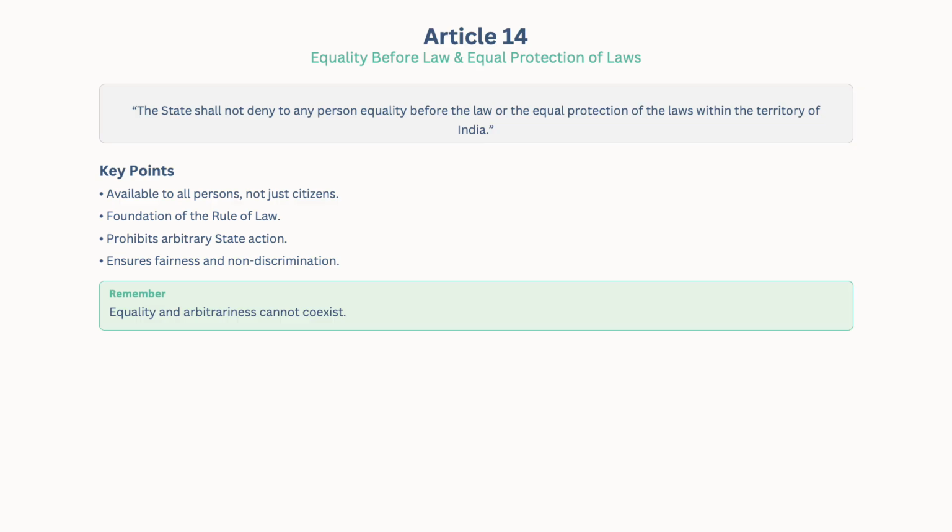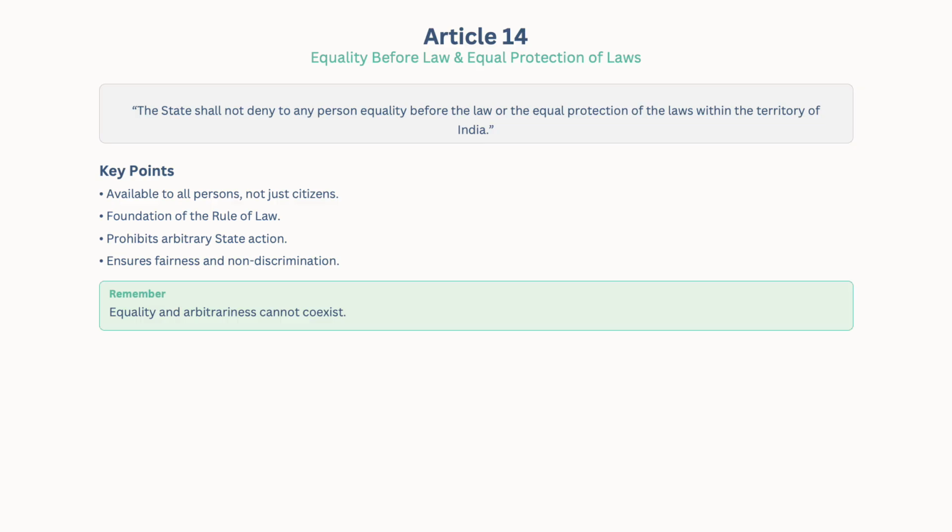So Article 14 is available to all persons, and it's a foundation of the rule of law. Rule of law means everyone must abide by the rule mentioned in the law. Okay? It prohibits arbitrary state action, ensures fairness and non-discrimination and so forth. You guys can understand that. I don't need to explain that.